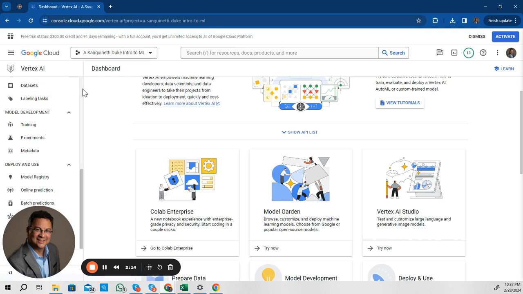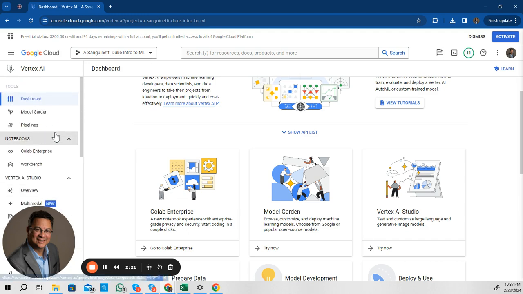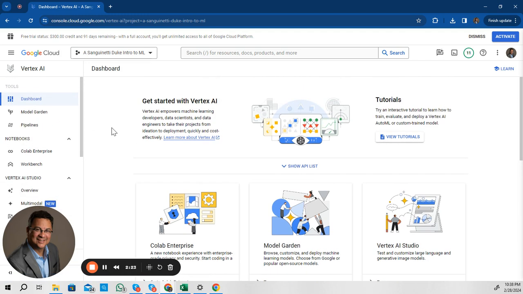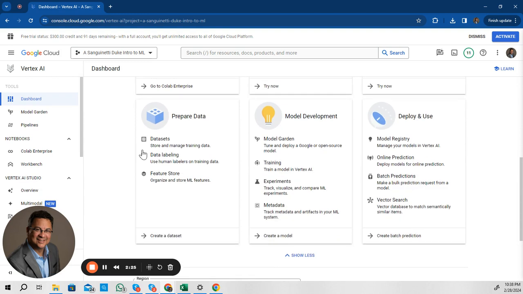Within this tool, the data was uploaded, and I'll give you a sense. So this is the dashboard on the tool. I went through data preparation as well as model development to get to the point where I could evaluate the model. This process was automated.